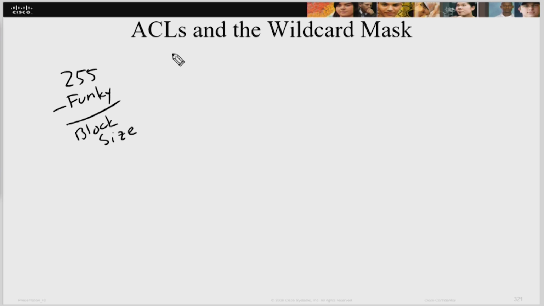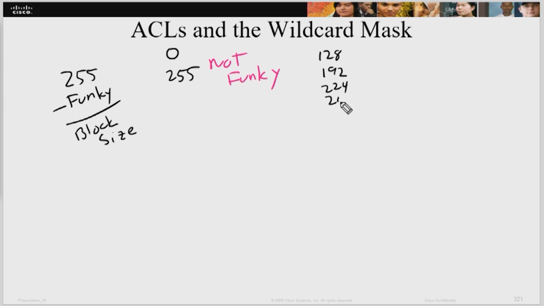So when we look at subnet mask values, 0 and 255 are not funky. The funky values are 128, 192, 224, 240, 248, 252, and 254.